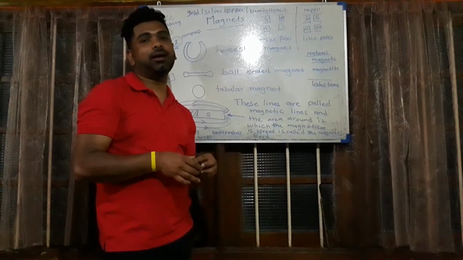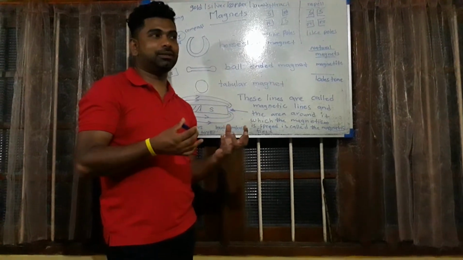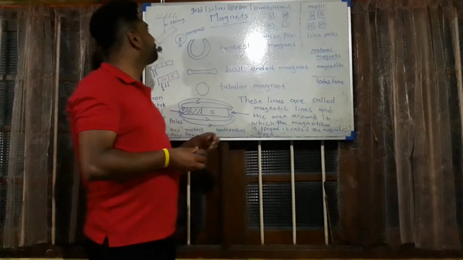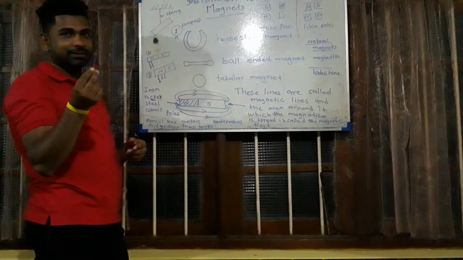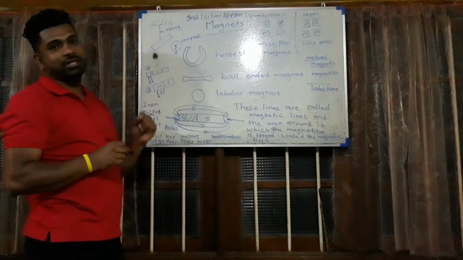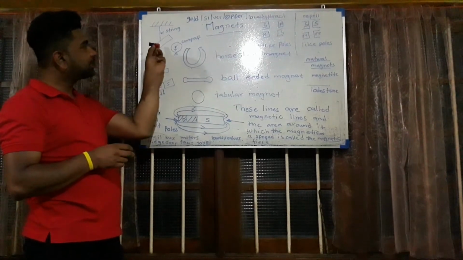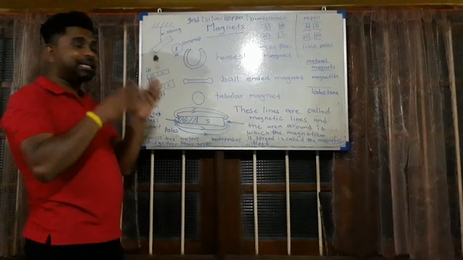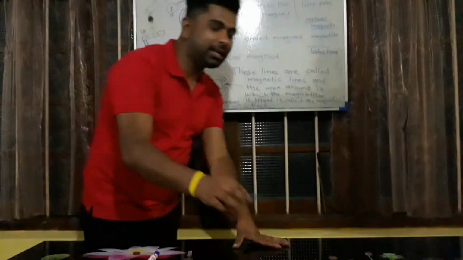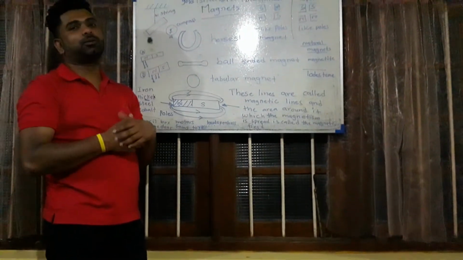This is not the school lab, so I can't do the experiments like in school, but get an idea. You have a magnet and you don't know its poles. So use a string and hang the bar magnet using the string and keep it for some time. You will observe it will settle towards the north and south direction.